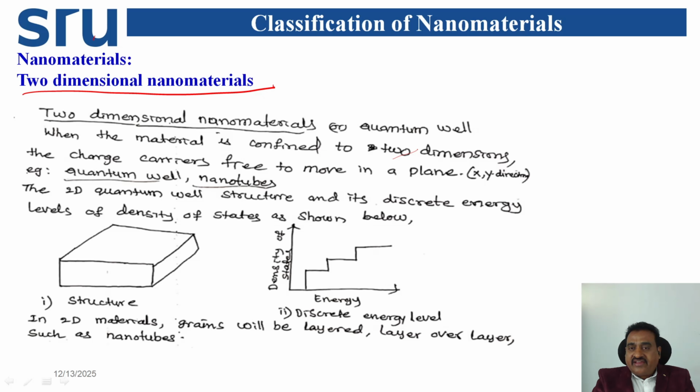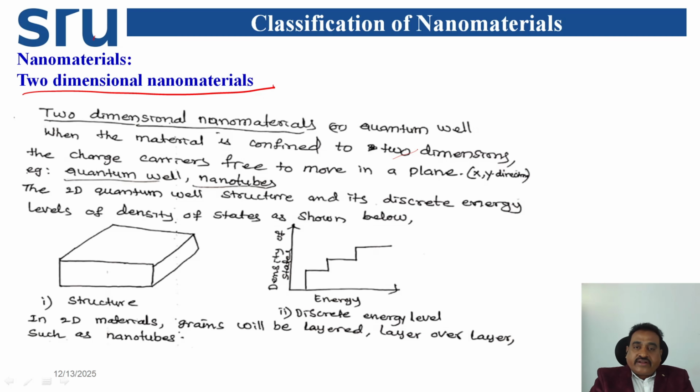The charge carriers are available, but they are not moving, that is zero dimensional. The charge carriers free to move in one direction, that is one dimensional nanomaterial. The charge carriers free to move in a plane, that is known as two dimensional nanomaterial.